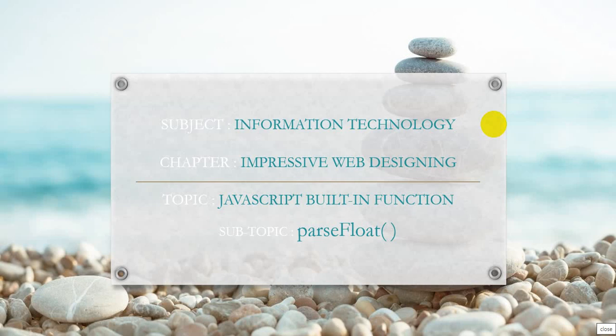Parse means we are going to analyze or convert into some type. Initially we have seen the integer type, now we are going to see the float type. Float is nothing but a decimal value, where we have some point.